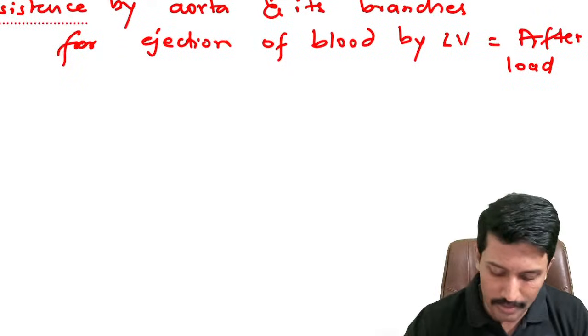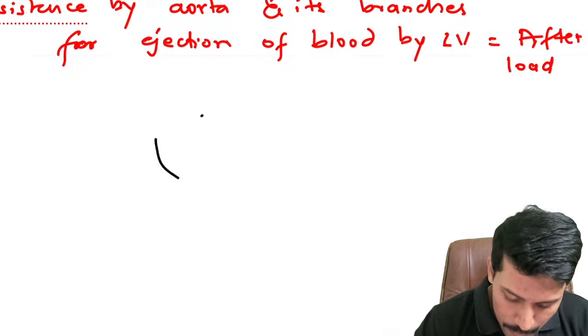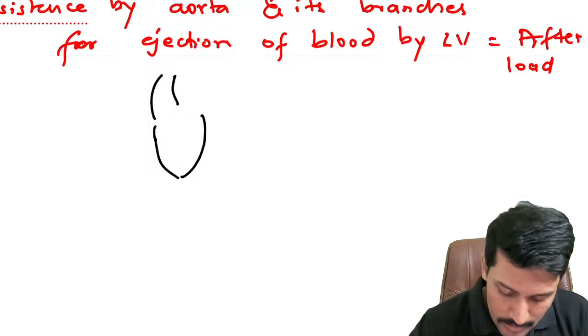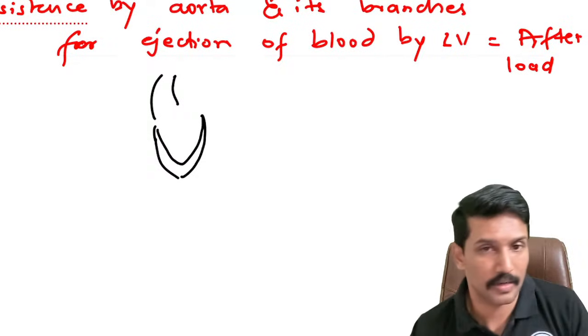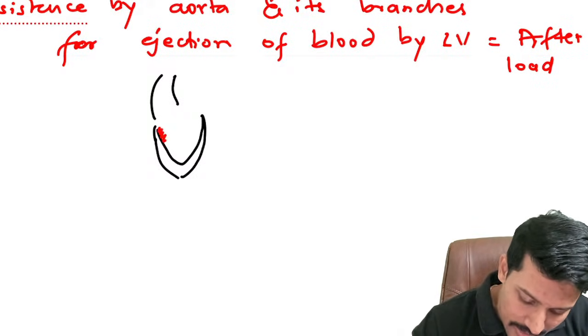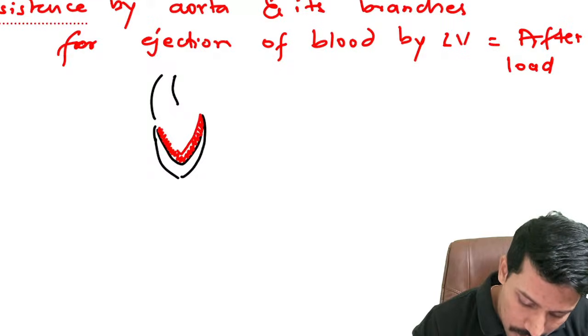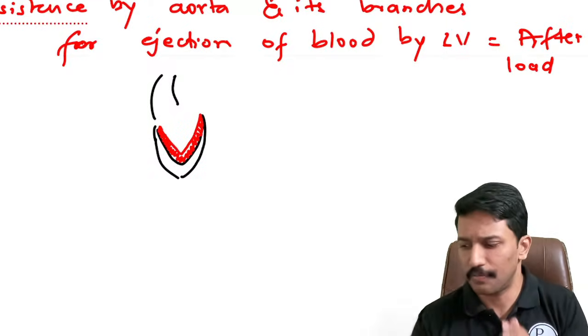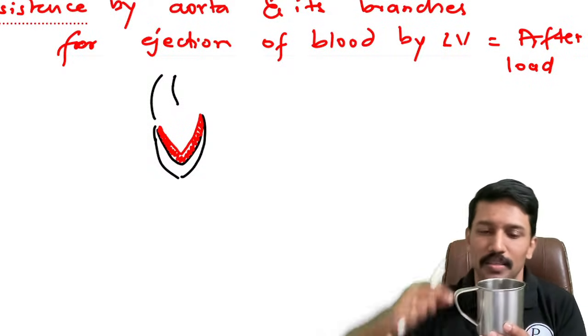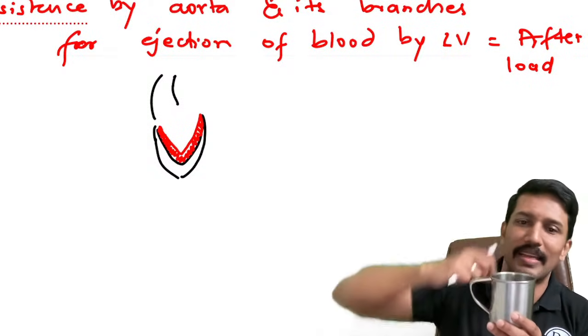So what is concentric hypertrophy? Let us say this is the left ventricle and aorta I am looking at, and this is a normal size left ventricle. In concentric hypertrophy, the muscle mass gets added inside the ventricle. The outer dimension of the ventricle doesn't change much. It is as it is. If I look from outside, the chamber of the ventricle looks the same size, but inside the thickness is increased.